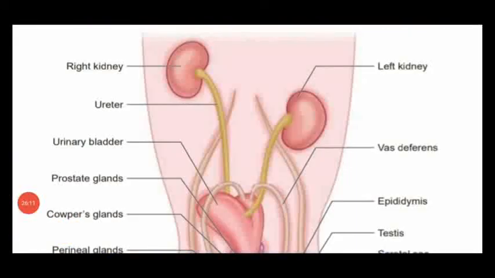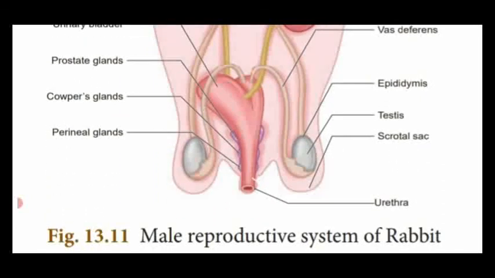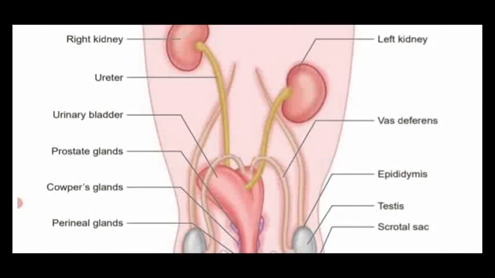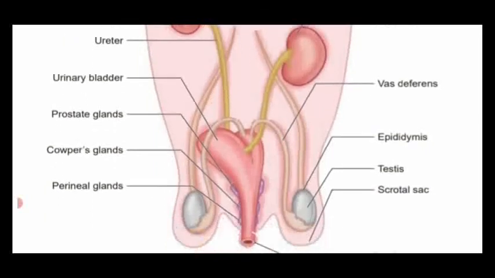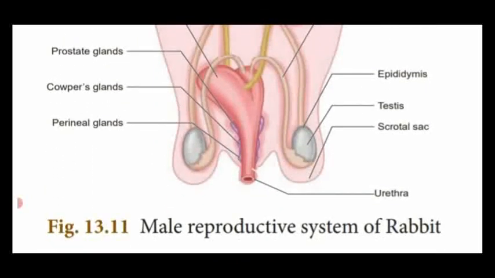Dear students, in this video we have seen the excretory system. Excretion takes place by a pair of kidneys located in the abdominal cavity, which connect to the ureter, urinary bladder and the urethra. Then the male reproductive system consists of a pair of testes surrounded by the scrotal sac.